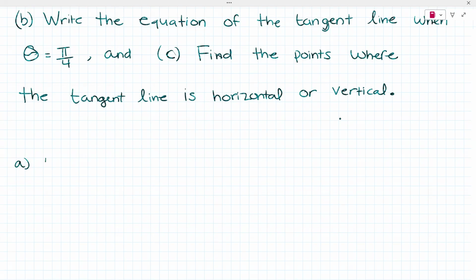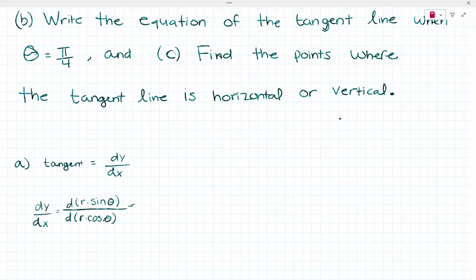Okay, so tangent is equal to dy over dx. So dy dx is the derivative of r times sine theta, and then on the bottom, it's the derivative of r cosine theta.